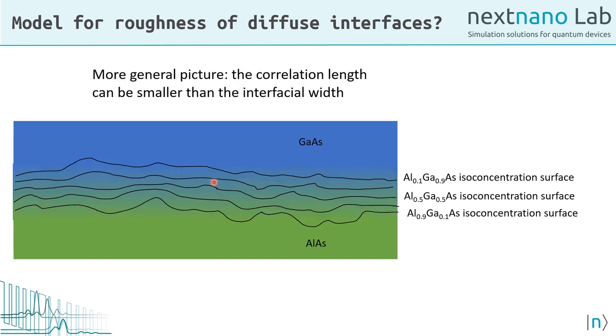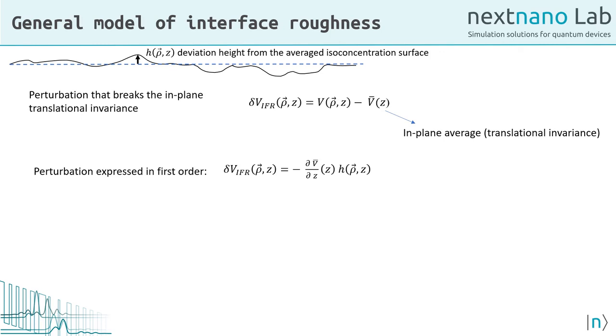In the more general case, in the model that we have developed, we are able to model the case where these different isoconcentration surfaces are not necessarily fully correlated, because in fact we will introduce this correlation length that can be smaller than the interfacial width.